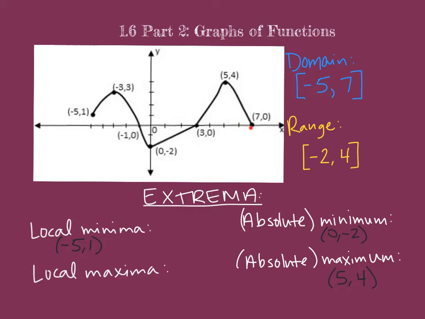This is a lowest point for its area. Now, you could argue also that isn't the absolute minimum also a local minimum since everything around it is taller than it? Yes, so we can actually include the absolute minimum with a local minimum.